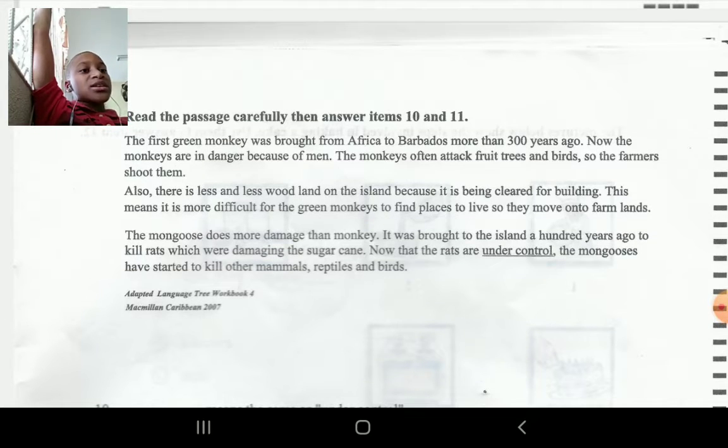It was brought to the island 100 years ago, not 300 years ago, to kill rats that were damaging the sugarcane. Now the rats are under control. Mark under control in your head, because it's lined. The mongoose have started to kill other mammals, reptiles, and birds, just like the green monkeys. I think the birds are in danger nowadays.